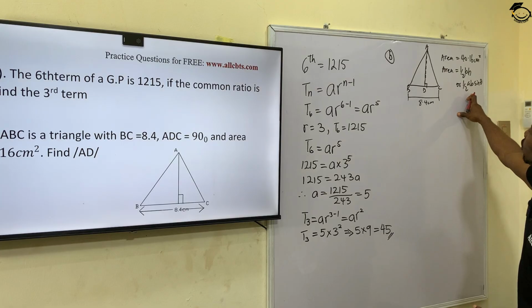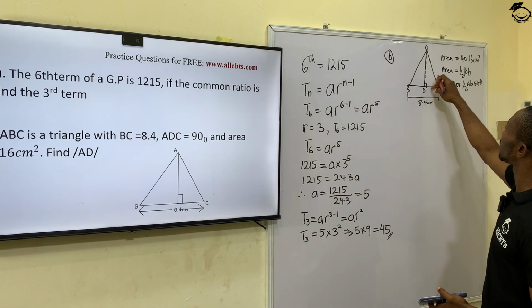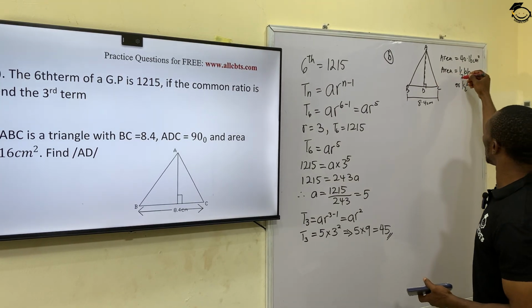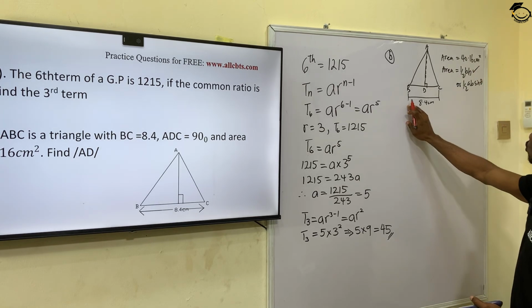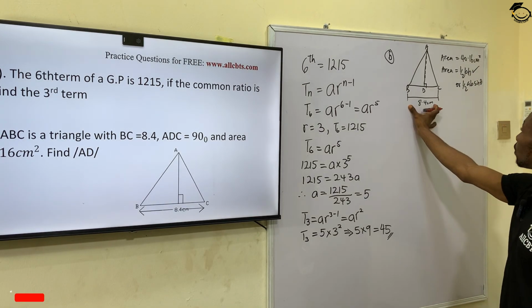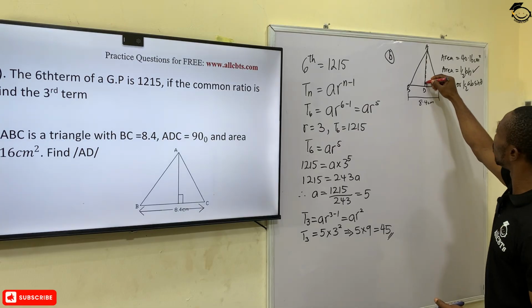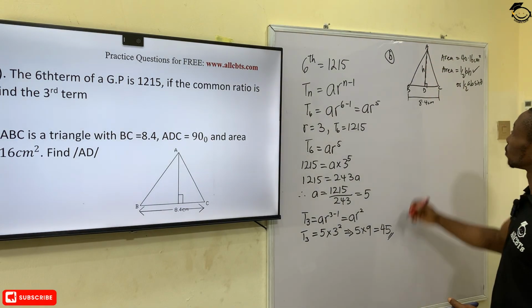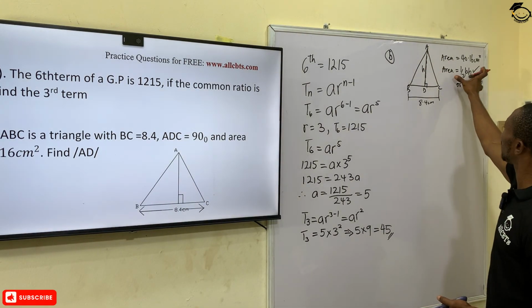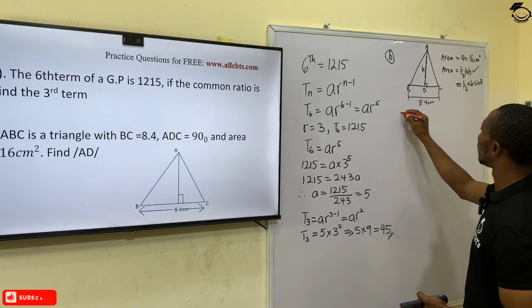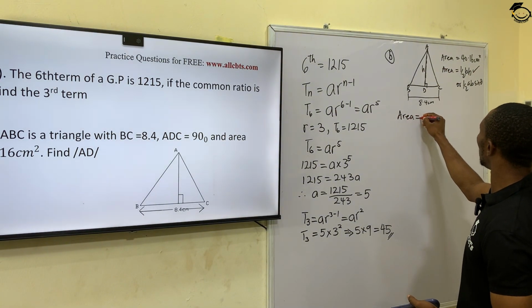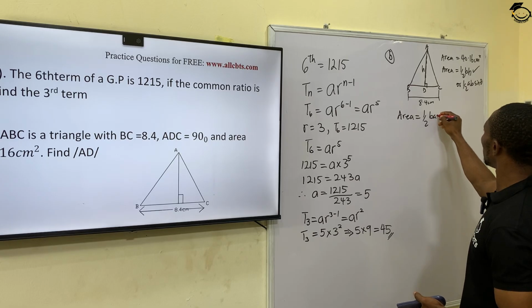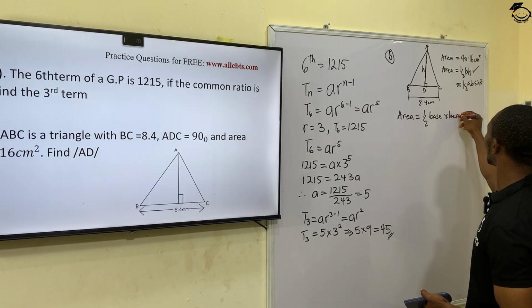But this is majorly used when we have two sides known. So we can use this because we have the base of our angle, and we are looking for the height, h. Now applying this formula in this question, area equals half base times height.